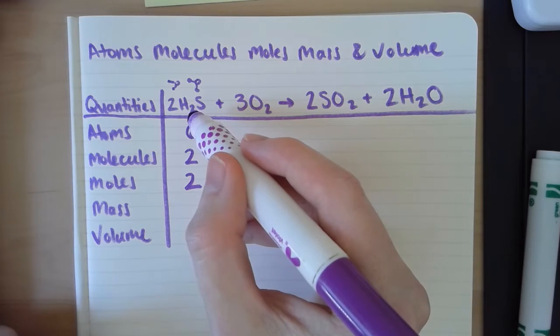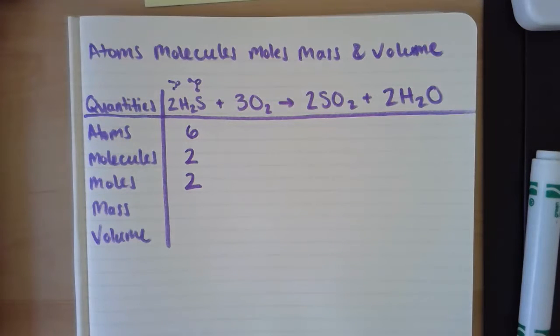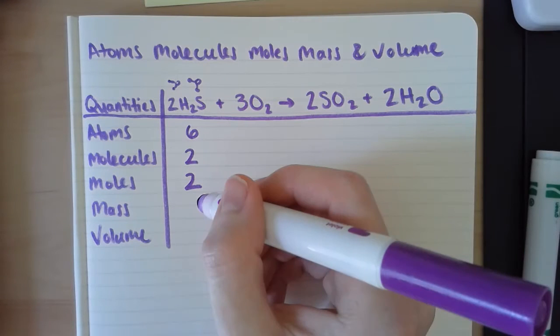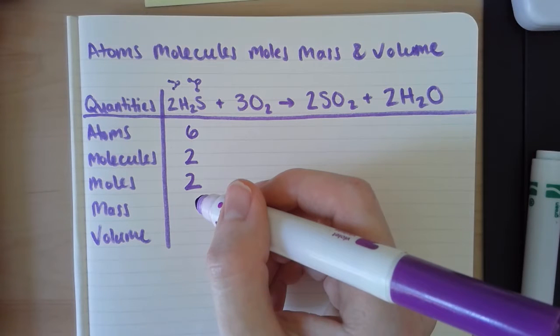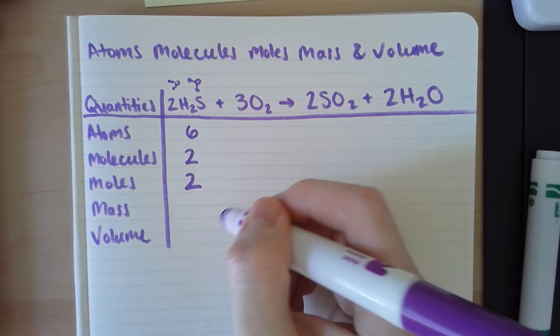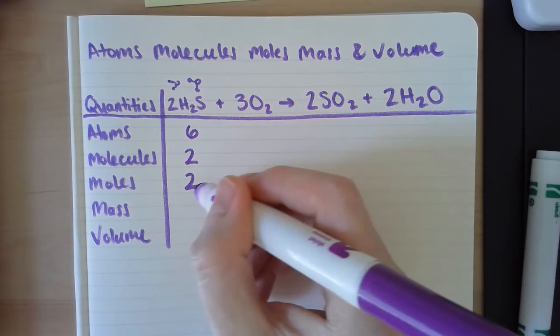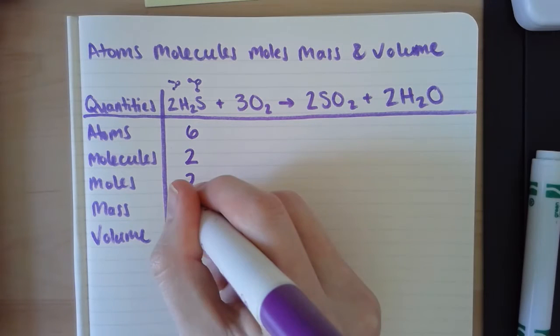So for example, if we look up the mass of sulfur, it's going to be approximately 32, right?